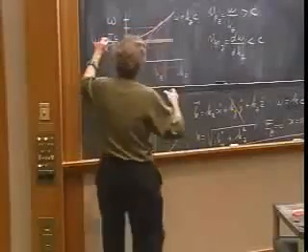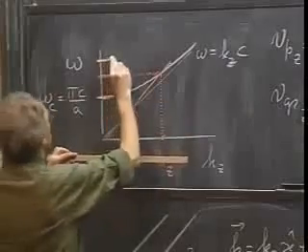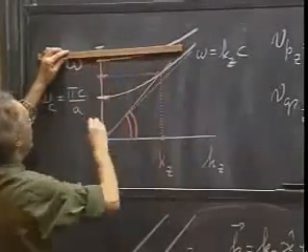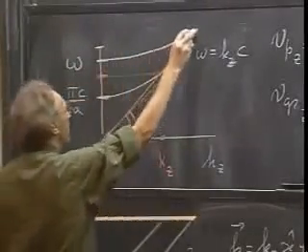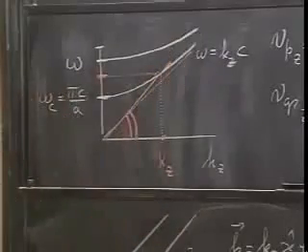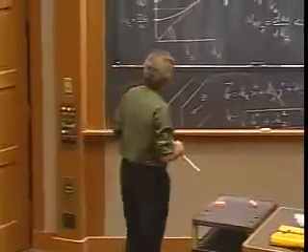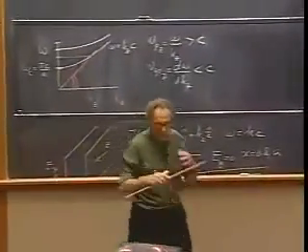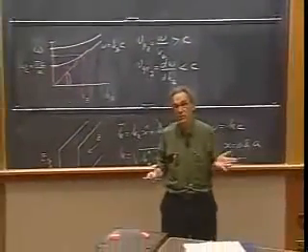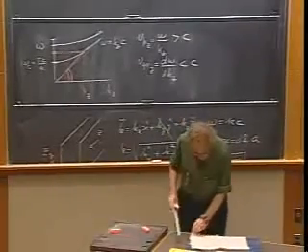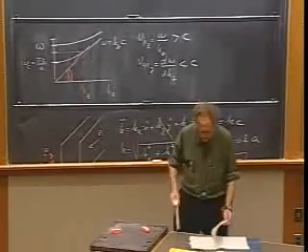Because now you have here the line, and if now your omega is high enough, then you get an intersection with this line, and you get an intersection with that line. So that allows for two different values of kx and two different values of kz. It's not a resonance frequency. Nothing is resonating. It's a mode, but it's not a resonance mode. It's not a normal mode in that sense.